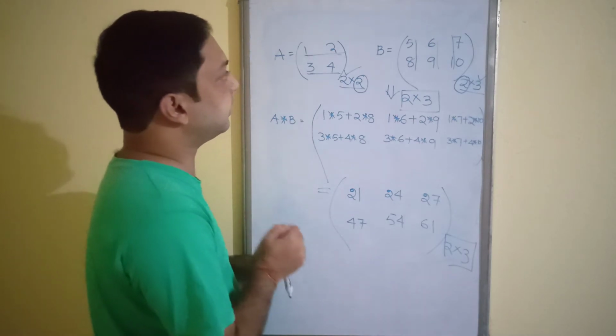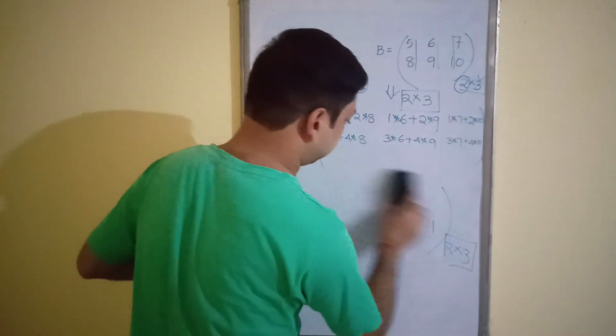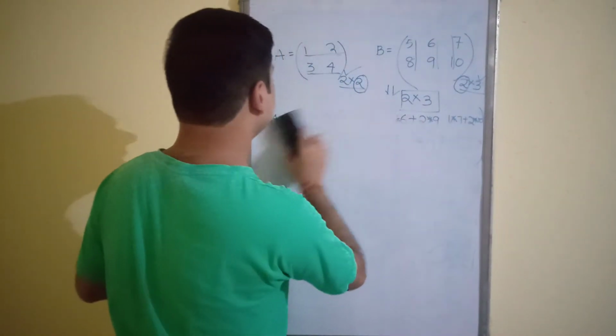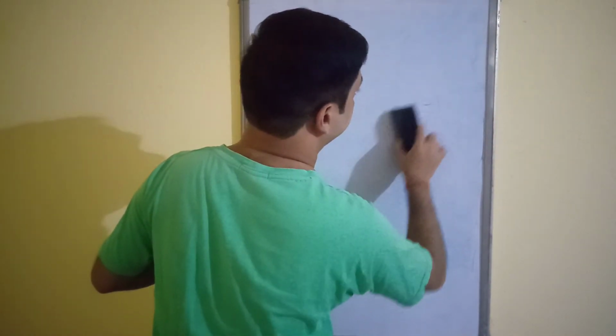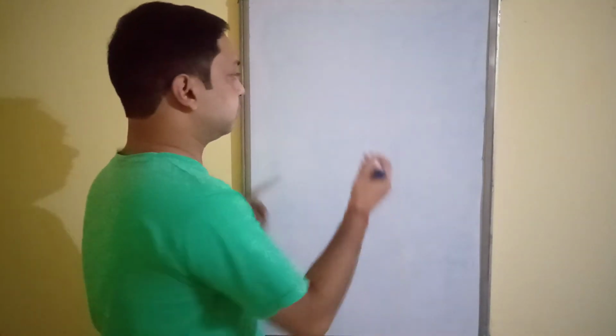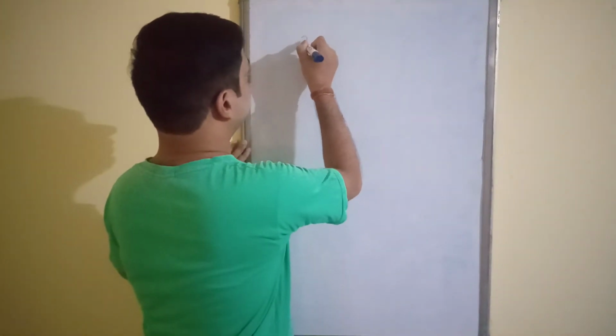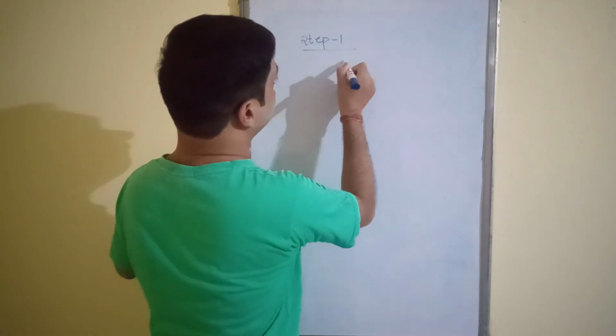What are the various steps to write this multiplication program? The first step is, as usual, the declaration part. We need to declare three matrices. So what are the steps? Step 1, declaration.